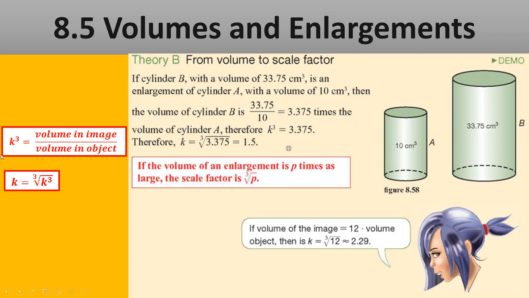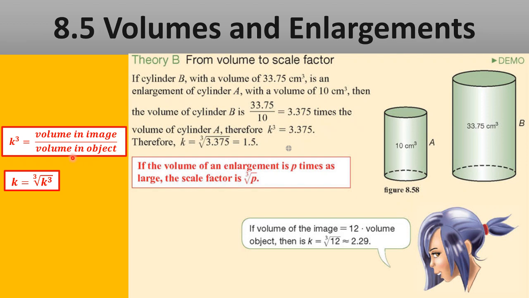They don't give you this formula, and I'd like to give you this formula again, just as I did with 8.4 theory B. Then I said k squared is the area of the image divided by the area of the object. Now it is k to the third power, and that's the same as dividing the volume of the image by the volume of the object.